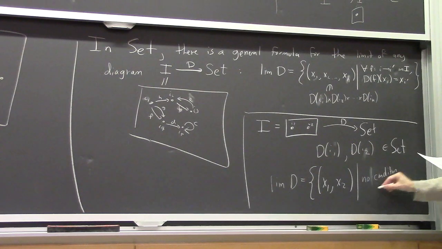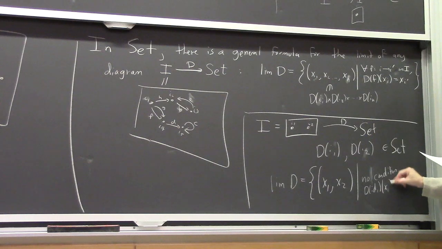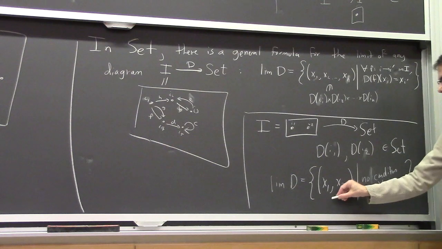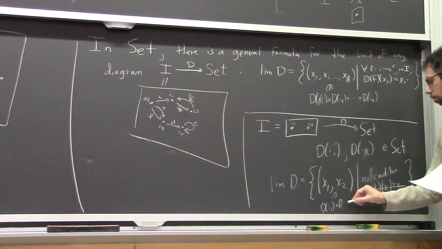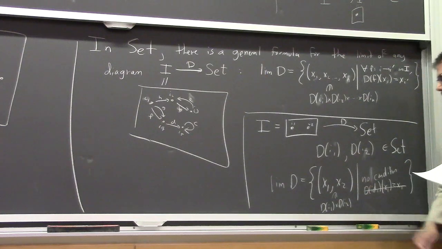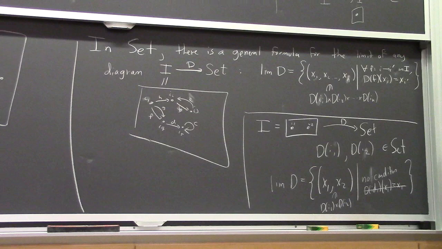Or if you really wanted to, you would say that D of identity on I1 applied to x1 equals x1, and D of identity on I2 applied to x2 is x2, but that's forced, so we don't have to write it. So it's just the set of pairs x1, x2 inside of D of I1 times D of I2. It's the product.